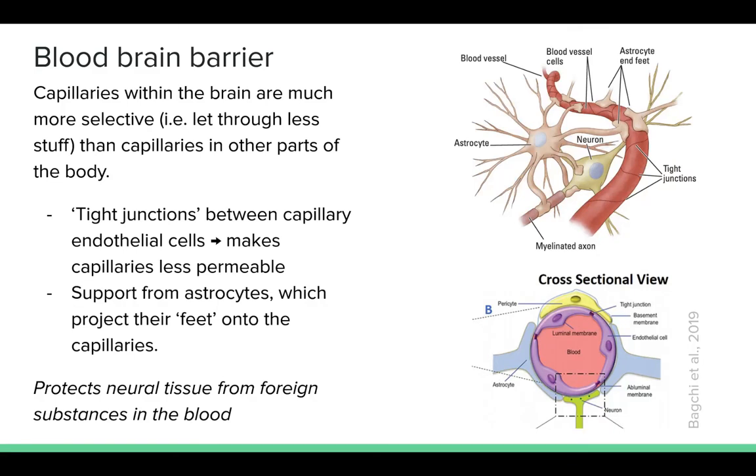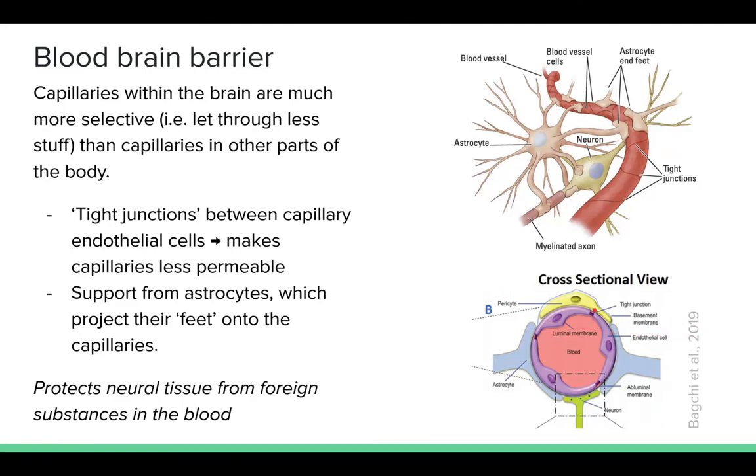You can think of this as a form of protection for the brain. Any substance that could potentially harm neurons could be very devastating. So these tight junctions form a kind of protection that protects neurons from bad stuff that might be in the blood.